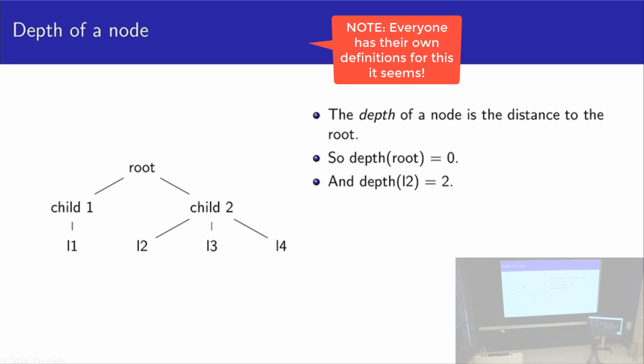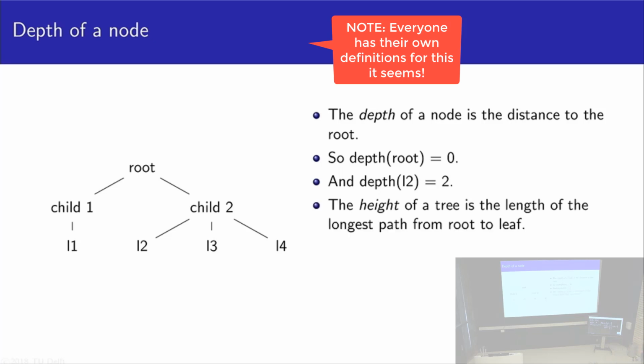On the other hand, we have the height of a tree. And the height of a tree is the length of the longest path from the root to a leaf. Where I consider the path a number of nodes rather than edges. So in this case, the height of the tree is 3. Why?